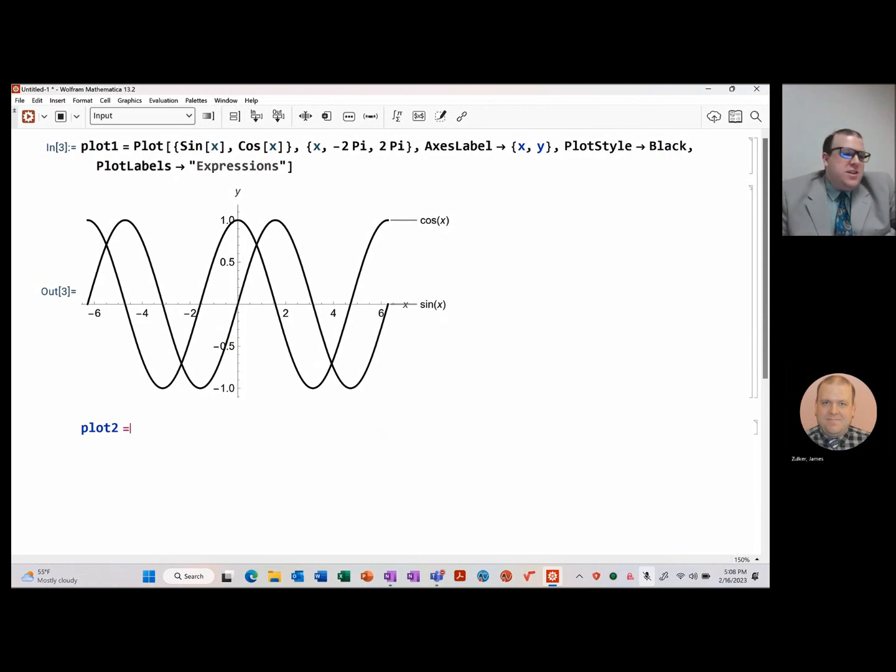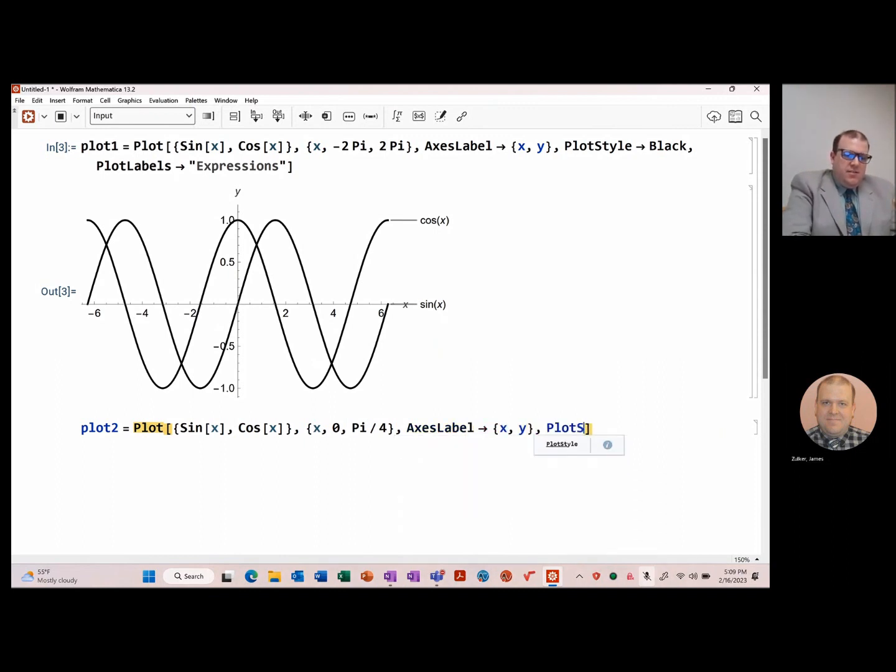Again, for this part, I'm going to do the equals just so you can see what it's doing. I'm again going to plot the two, this time over the desired x interval, 0 to pi over 4. I'm not going to label this one.